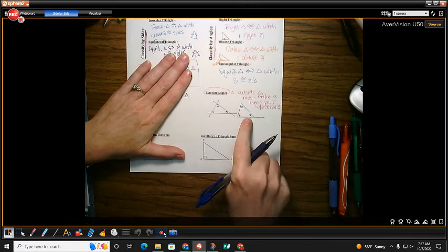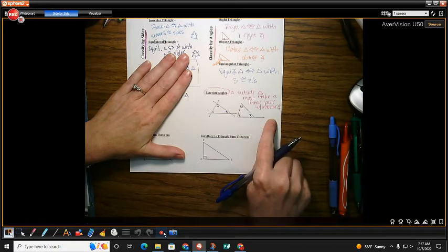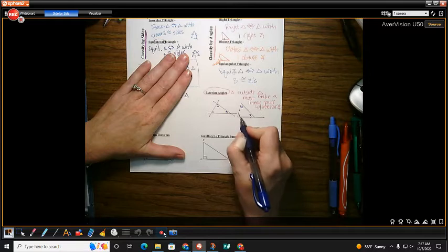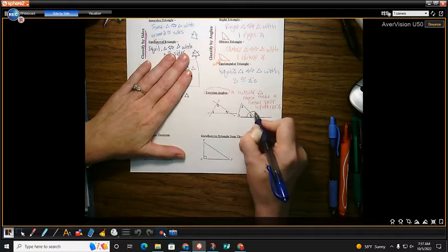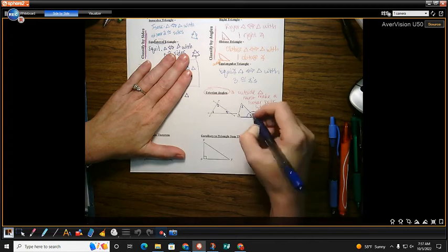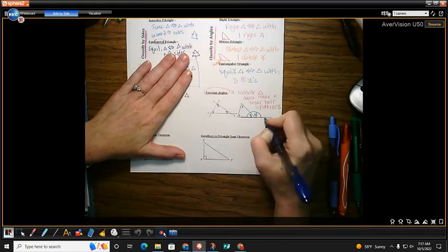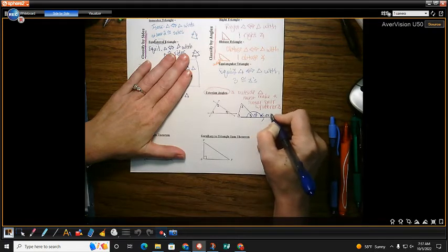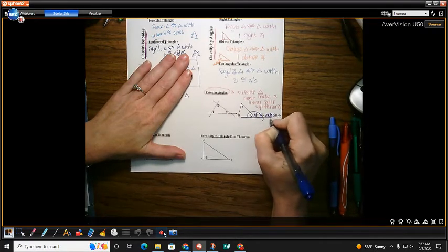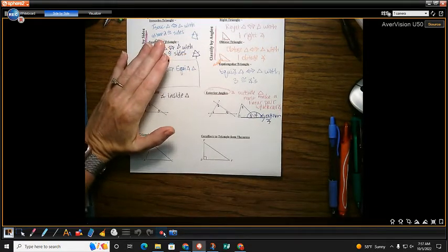So in this one to the right, that just has the one line sticking out of it, see how that one line coming out of the triangle forms a linear pair. Let's call this angle 4. Angle 4 would be an exterior angle because it forms a linear pair with one of your inside ones.